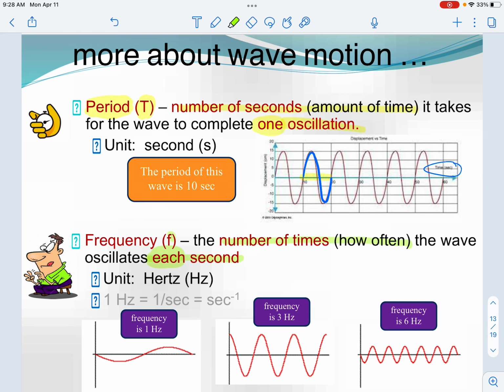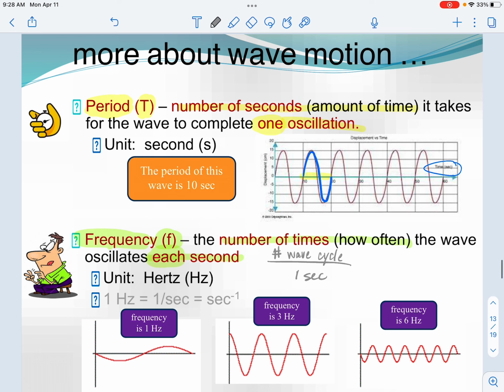When we're talking about frequency, this is a lowercase f as a variable, not as a subscript. So please don't get confused. A lowercase f for frequency. This is going to tell me how many waves per second, the number of waves or cycles for every 1 second of time.